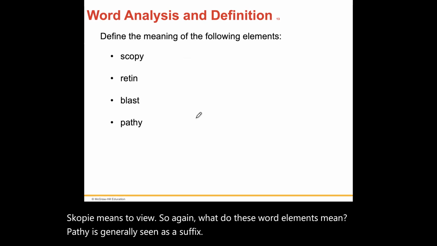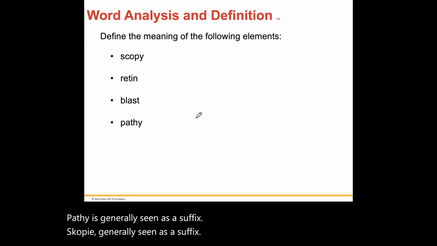Scopy is generally seen as a suffix. Retin is generally seen as a root word. Blast is generally seen as a root word. Know what all these parts and pieces mean.